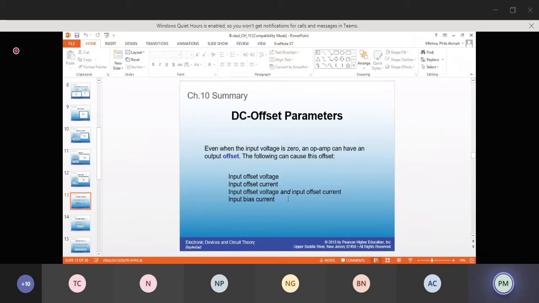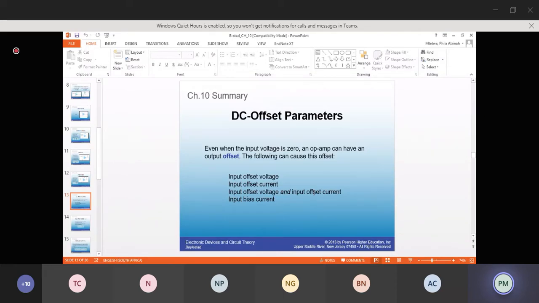And then you have DC offset parameters. Even when the input voltage is 0, an op-amp can have an output offset. The following can cause this offset. You have to know what attributes to DC offsets. That's when you get the signal shifted along your y-axis, not evenly distributed above and below 0.